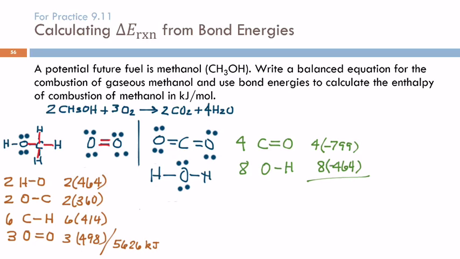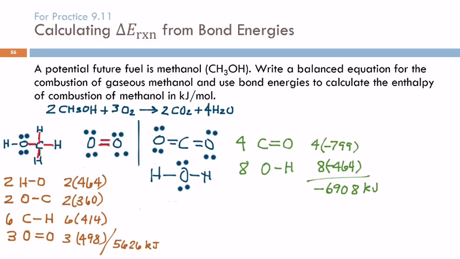Because energy is being released. So I have 4 times negative 799. This is a combustion reaction, yes. Plus 8 times negative 464. And this is a total of minus 6908.